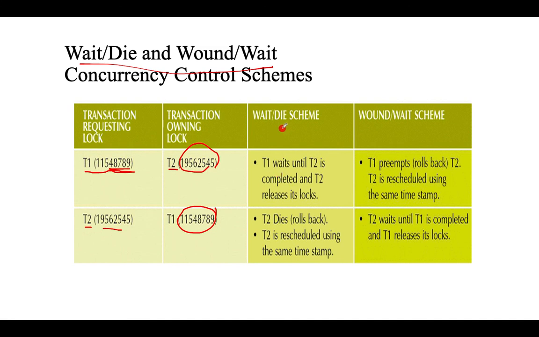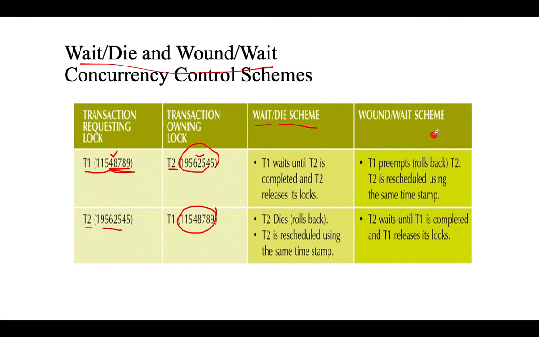Now in the wait-die scheme, if T1 is requesting this thing and T2 holds it, then T1 waits until T2 is completed and T2 releases its lock. So here T1 is waiting and T2 completes its task.